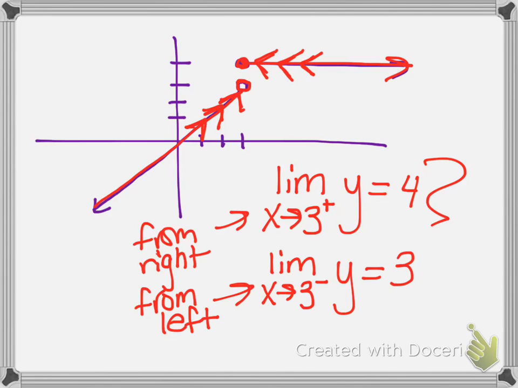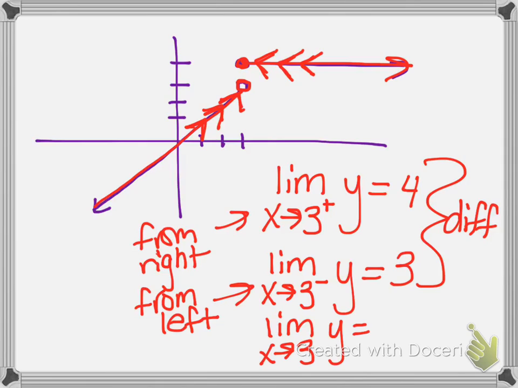The fact that these are different is what tells us ultimately that the limit as x approaches 3 of our function does not exist. In order for this to exist, these two numbers have to be the same. You have to approach the same y value from both directions.